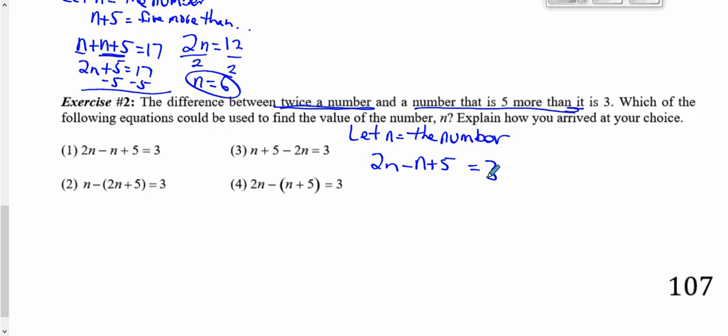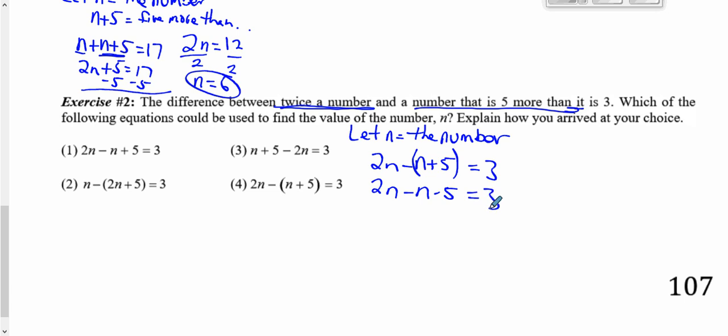So I need what? Parentheses. We need parentheses, because now it makes a difference, because what's in front of the parentheses now? A negative 1, right? So this is critical here. It'll change everything. So what do we do now? 2n minus n, no, minus 5 equals 3.